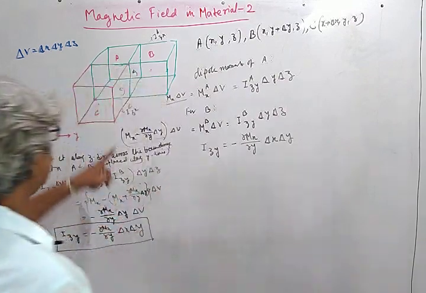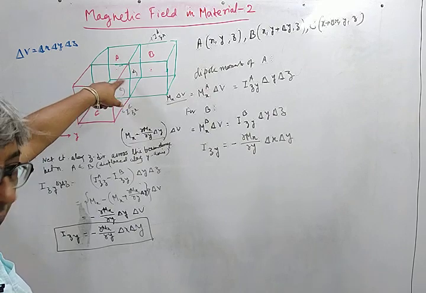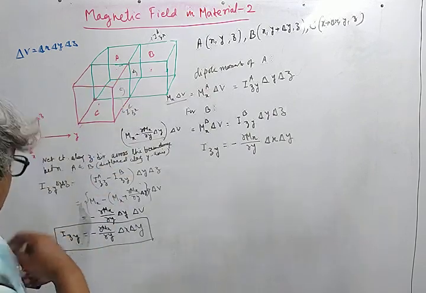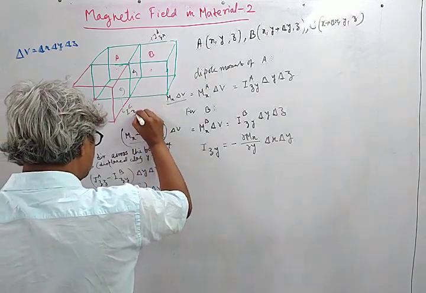So these are the currents along the z direction in two volume elements displaced in the x direction. Therefore the additional subscript x is used.